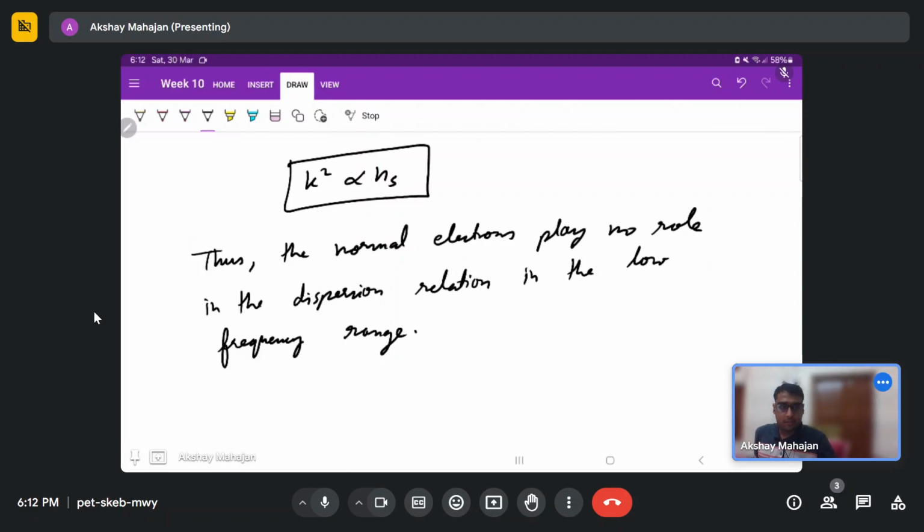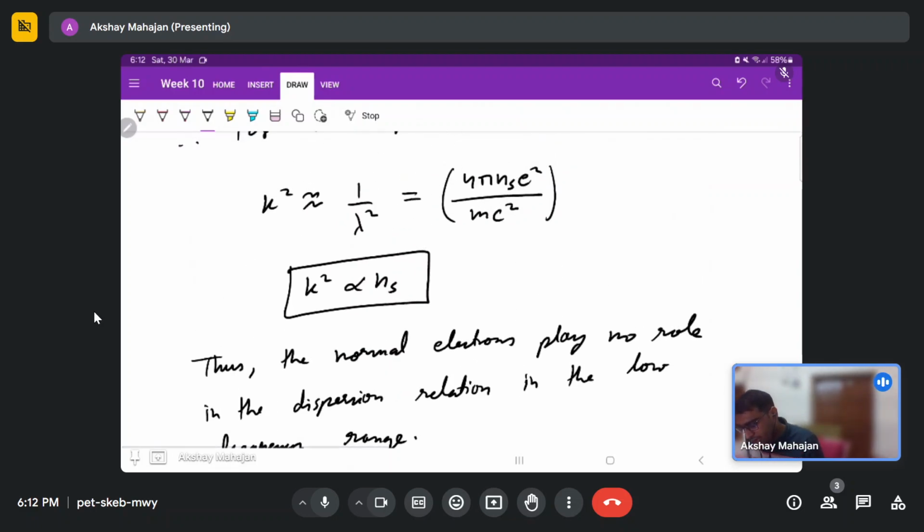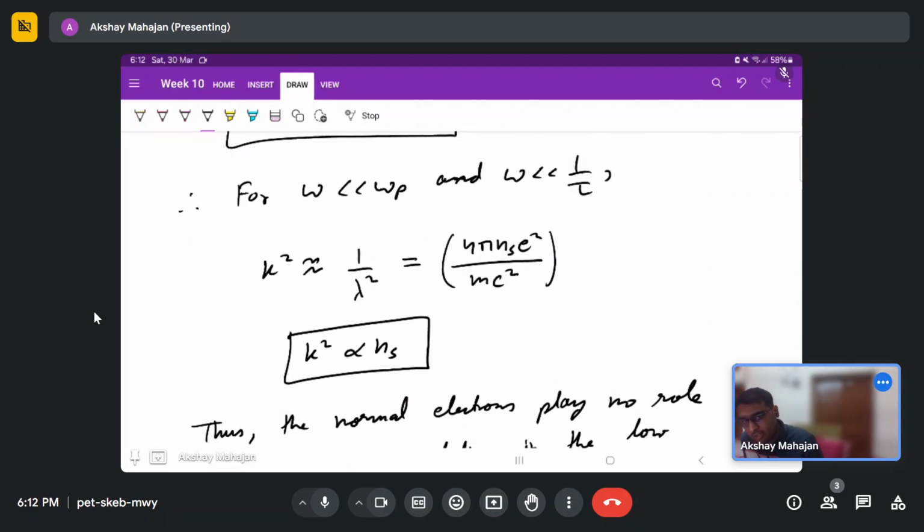So this we have proved here, because our k square dispersion just depends on the concentration of the superconducting electrons. Any doubt in this problem?